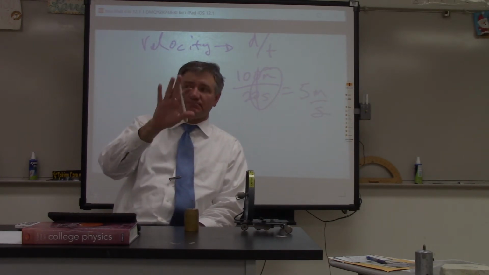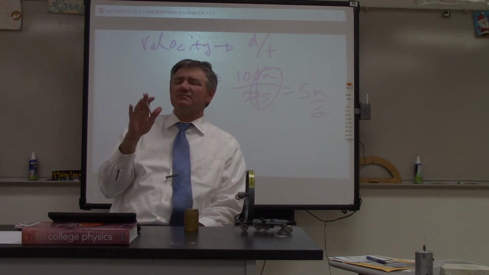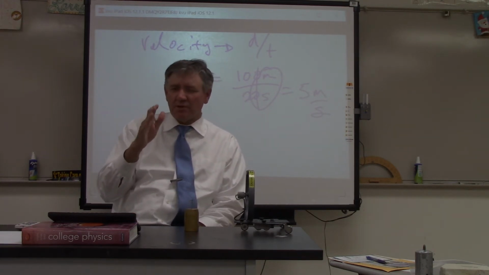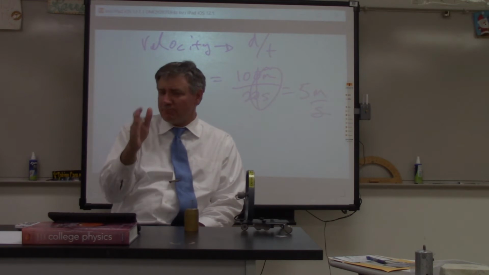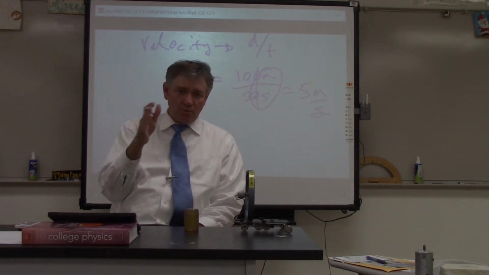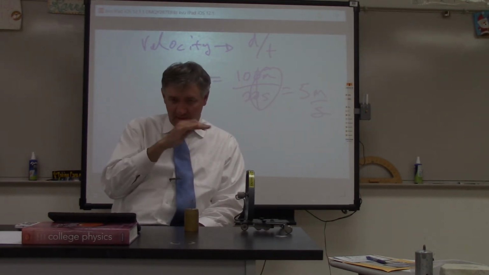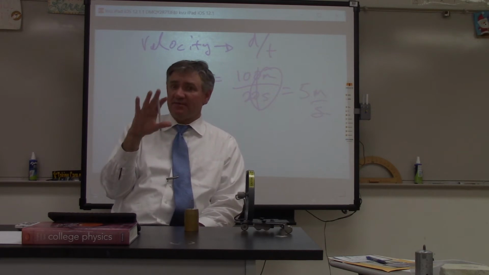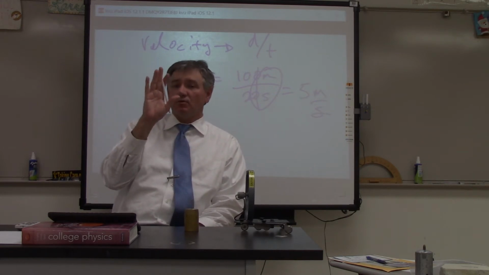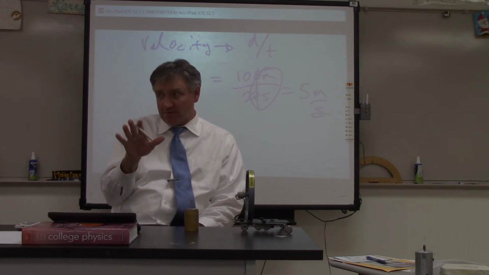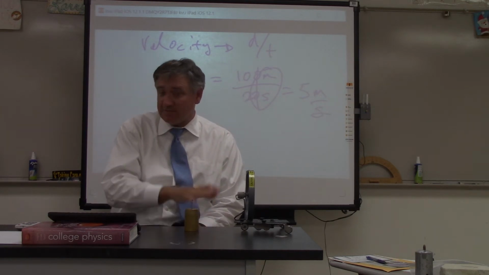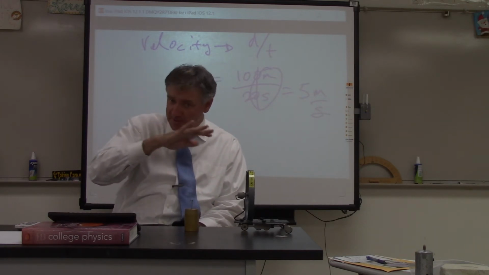Now, to give you some perspective, it isn't a full-blown sprint, but it's pretty fast. If you're a world-class sprinter and you run the 100-meter dash, you're going to run that in about 10 seconds. So world-class sprinters run at about 10 meters per second. But that's world-class, top of the game.